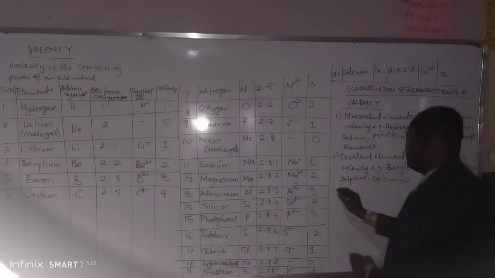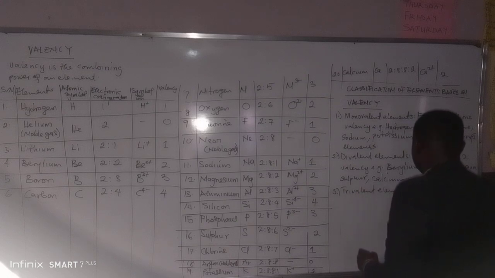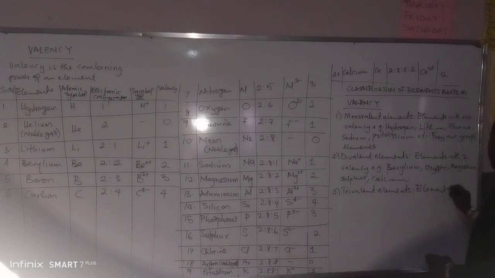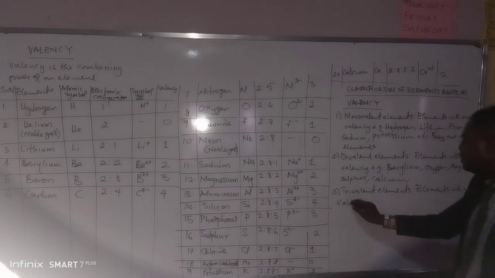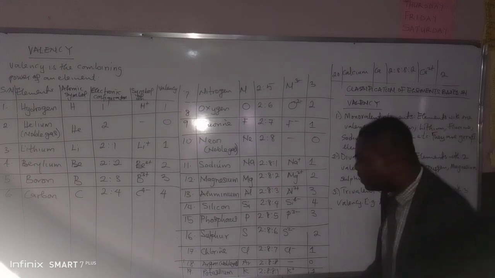So that is that. Then we have what we call trivalent elements. Tri means 3. Trivalent elements are elements with 3 valency. Their valency is 3. Examples of that are aluminium. Don't forget Al3+. Number 13.